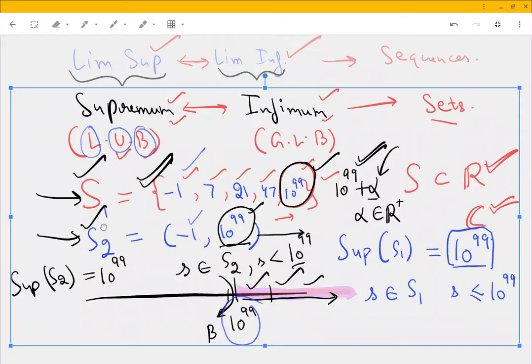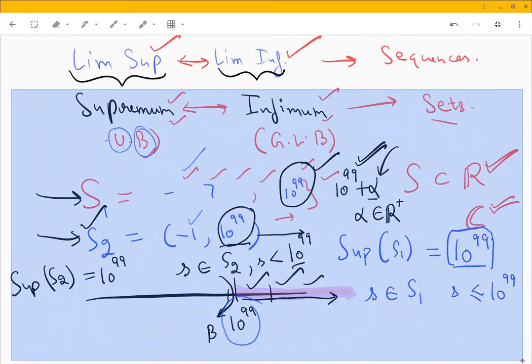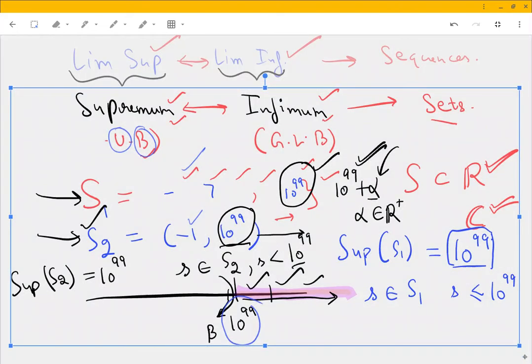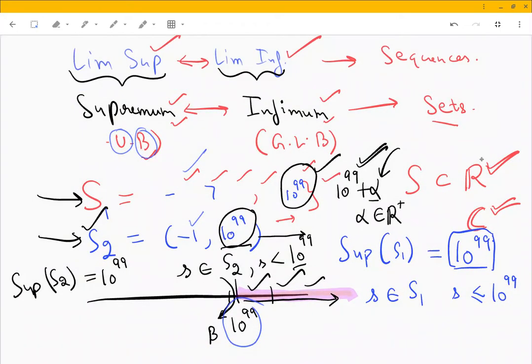And I forgot how to erase it. Control X. Right, I forgot how to erase it. Just give me a moment. I haven't used this in a while. Sorry, bear with me.